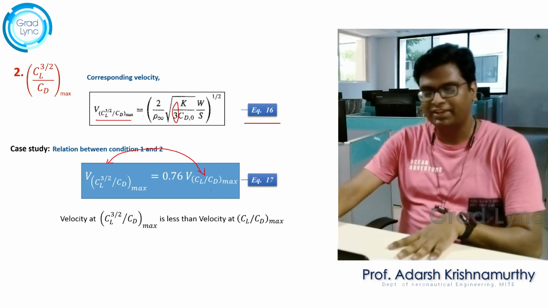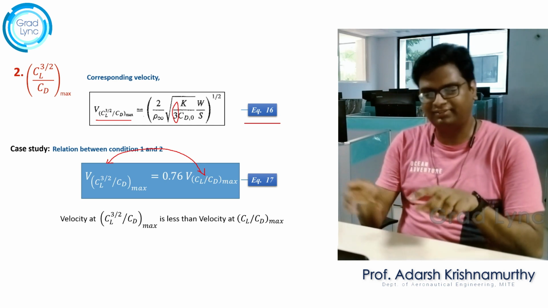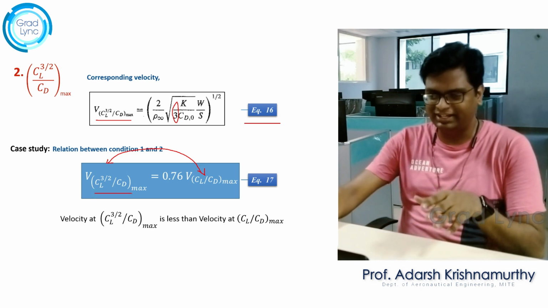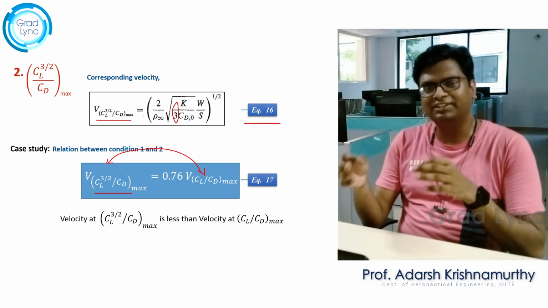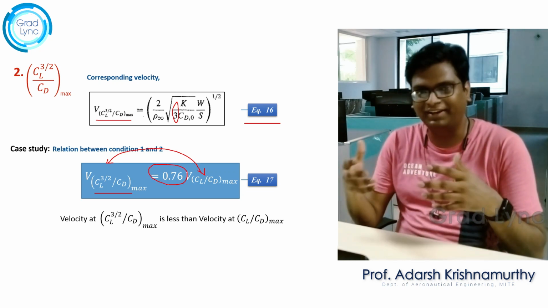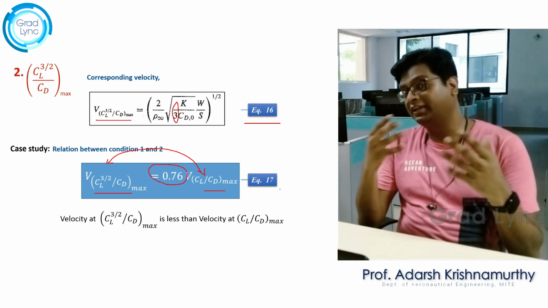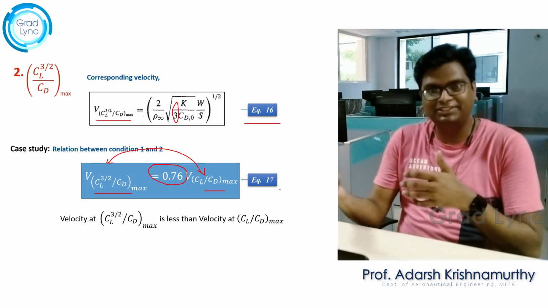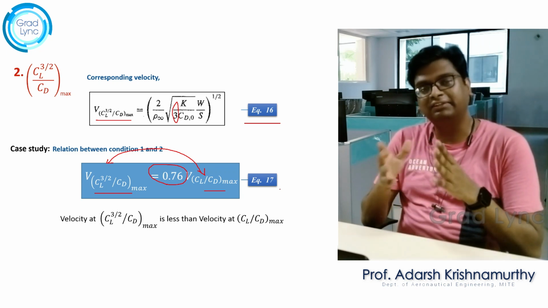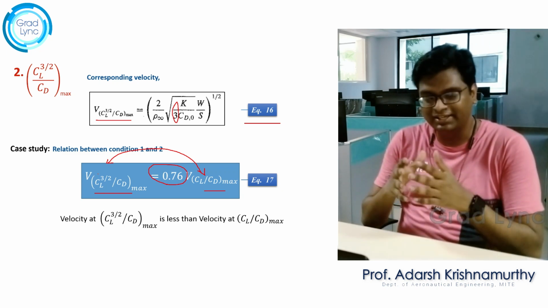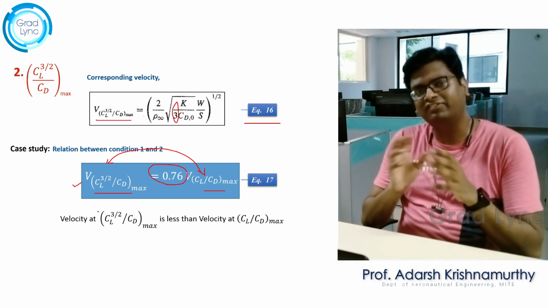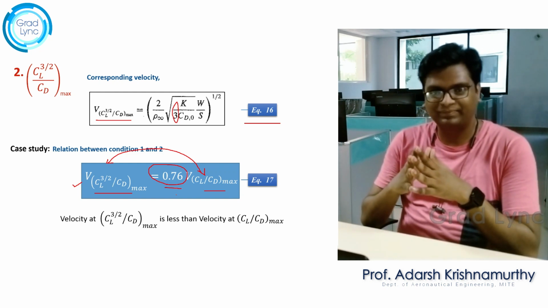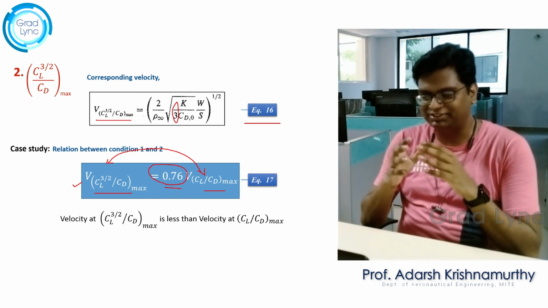If I compare equation number 13 and equation number 16, I get the velocity at CL power 3 by 2 by CD max as 0.76 of velocity at CL by CD max. In other words, if as a pilot I know the velocity at CL by CD max, I can calculate the velocity at CL power 3 by 2 by CD max. That is approximately 75% of the value of velocity at L by D max. Getting the point? Very interesting concept.